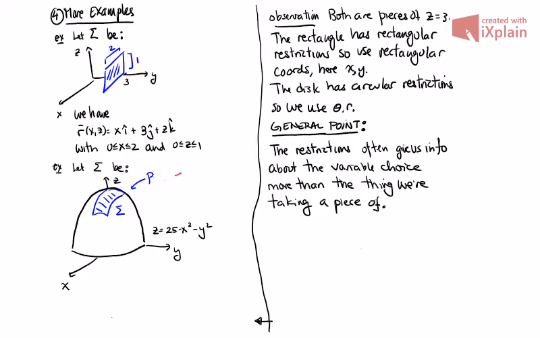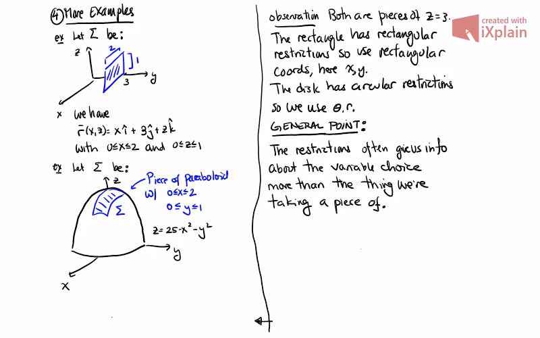This is the piece of the paraboloid that has, say, x between 0 and 1. Actually, let's do 2 because it looks more realistic. And y between 0 and 1. So it's like a paraboloid patch, if you like.